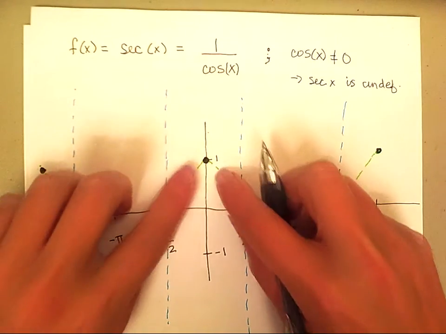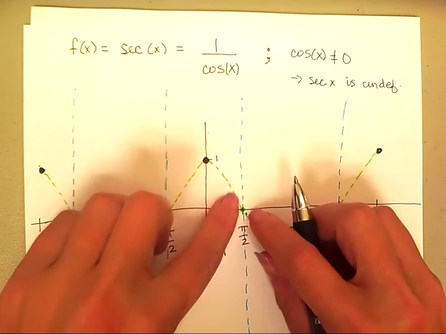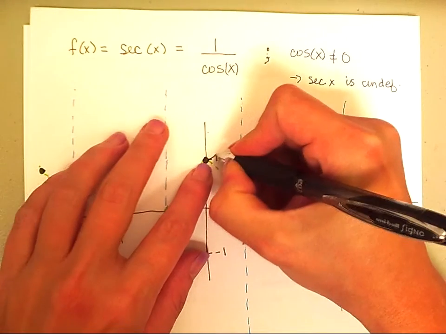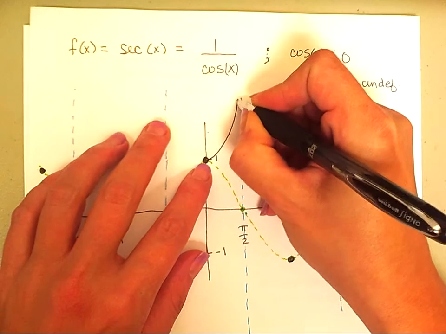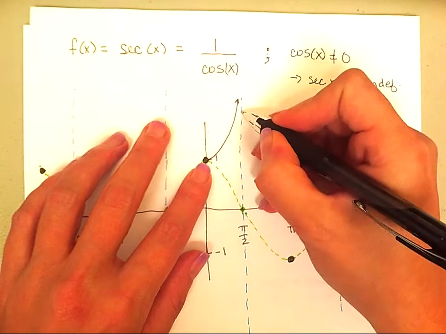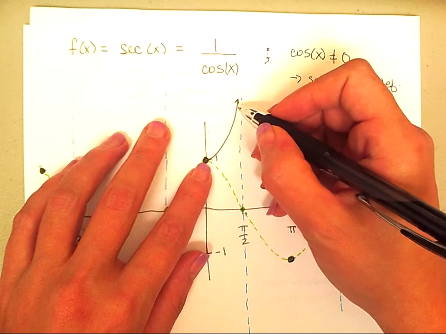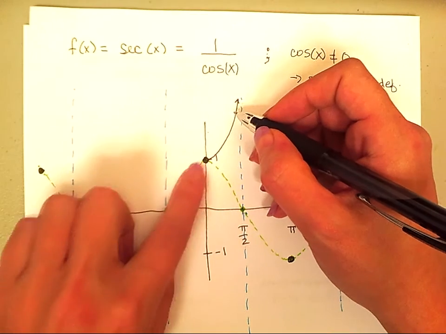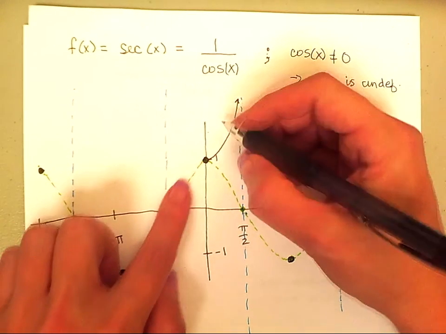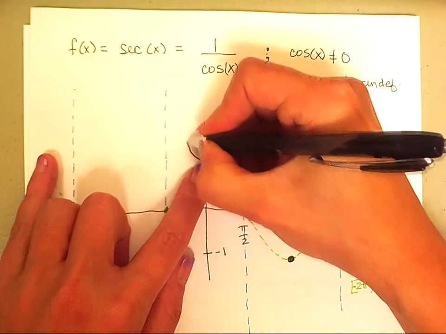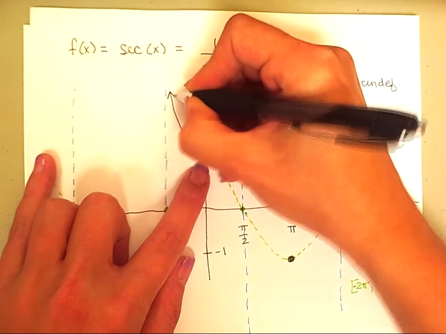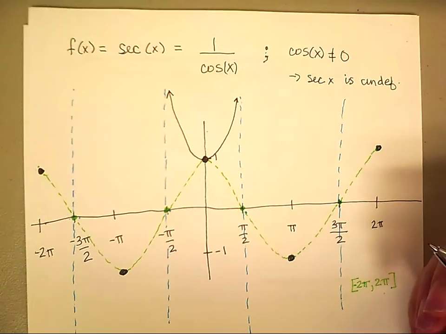Now if it's the opposite, if cosine is going down, like for example it's going here, the reciprocal function has to go up, and it will go asymptotically close to the asymptote and take off towards infinity. So the same on this side, if cosine is pulling down here, then the secant is pulling upwards and taking off to infinity.